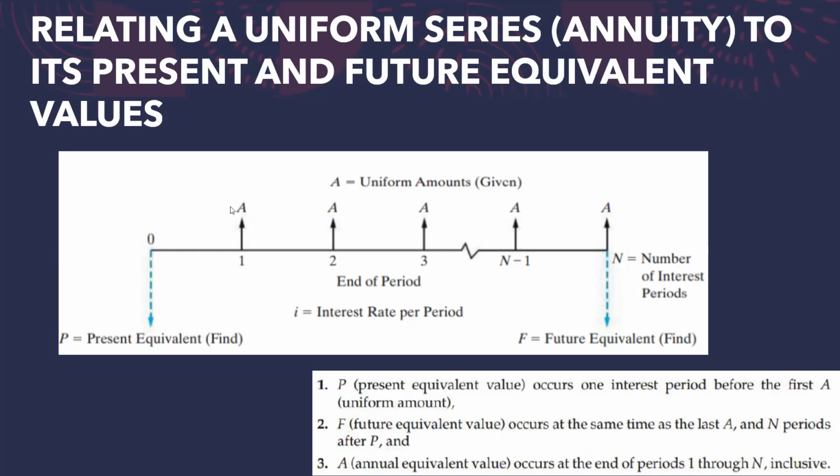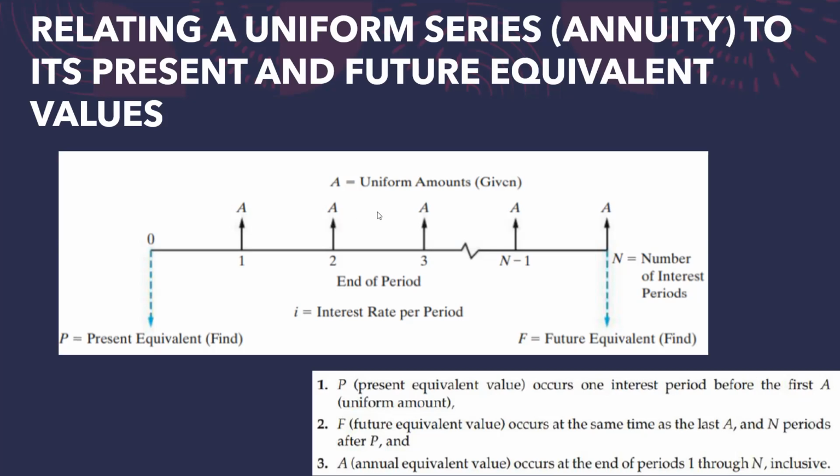The first uniform amount is received after 1 year. So 1 interest period before the first uniform amount, that is the 0th position. Then capital F, the future equivalent value, occurs at the same time as the last uniform amount received, that is, after n periods from the present equivalent value.